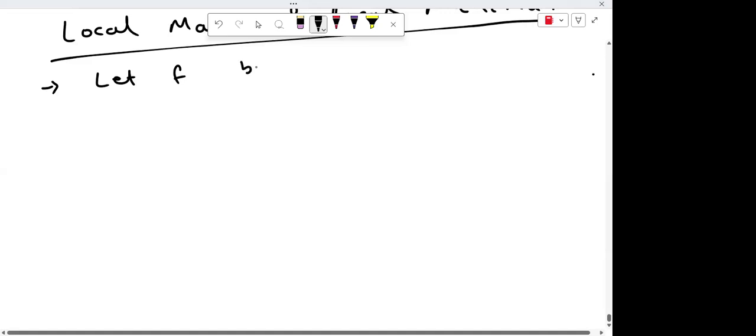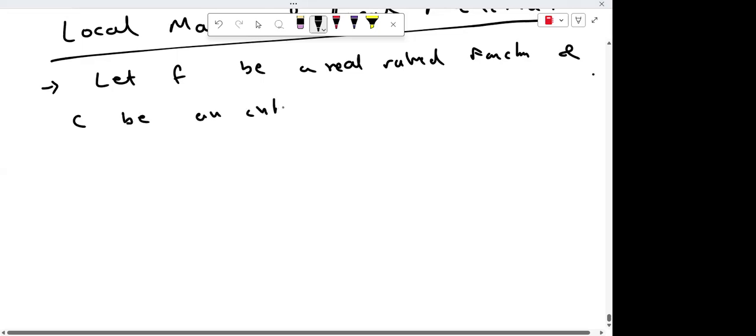Let f be a real valued function and c be an interior point in the domain of f.